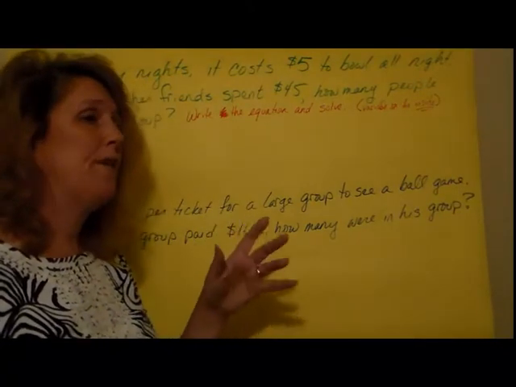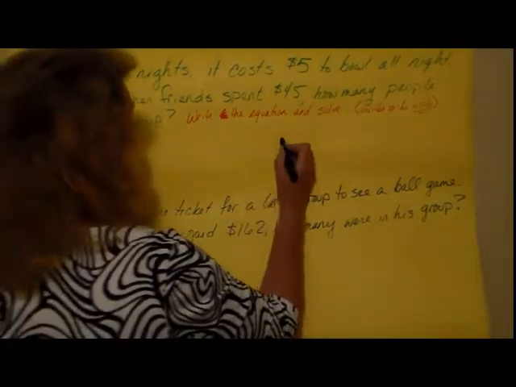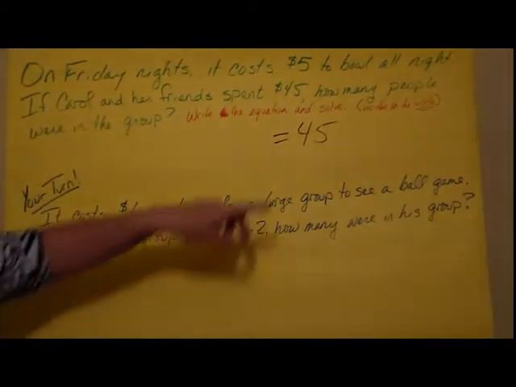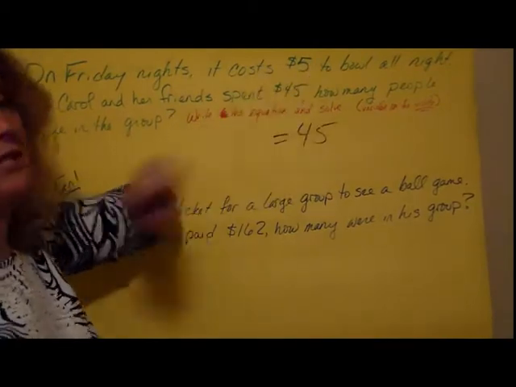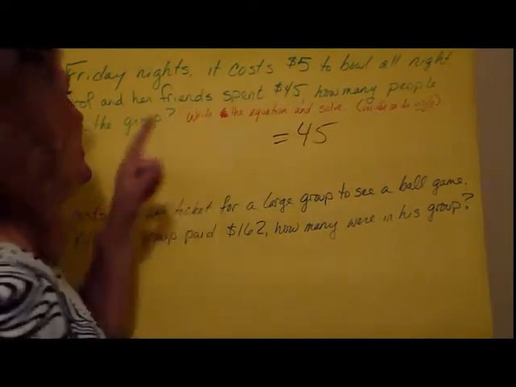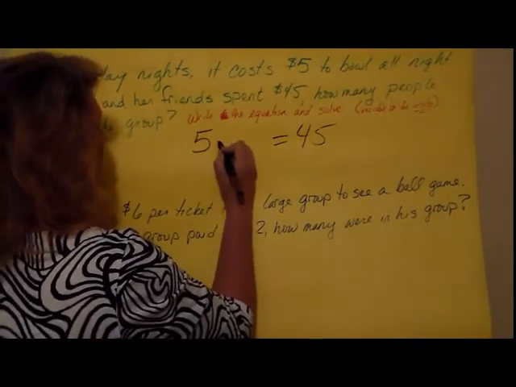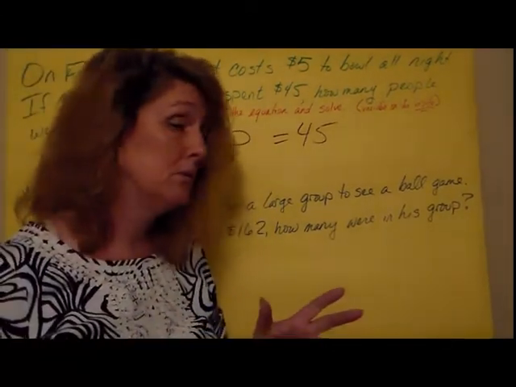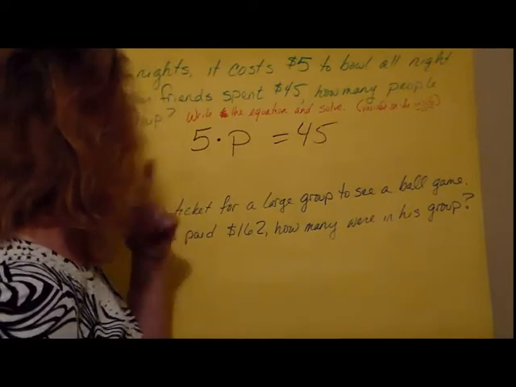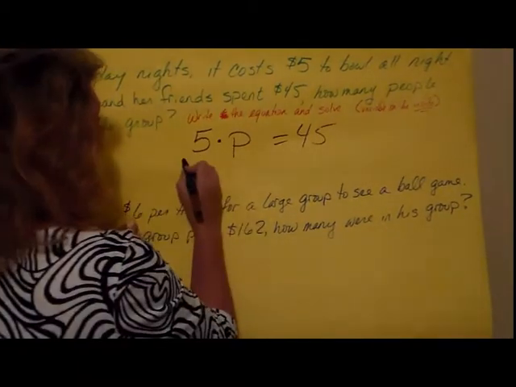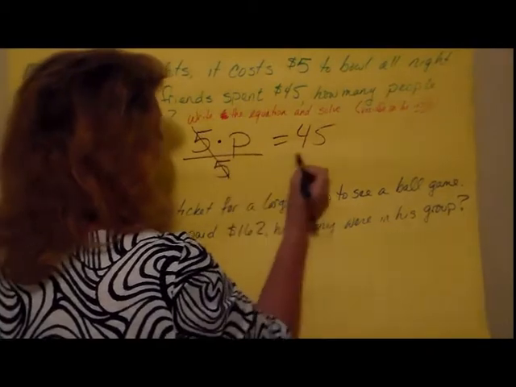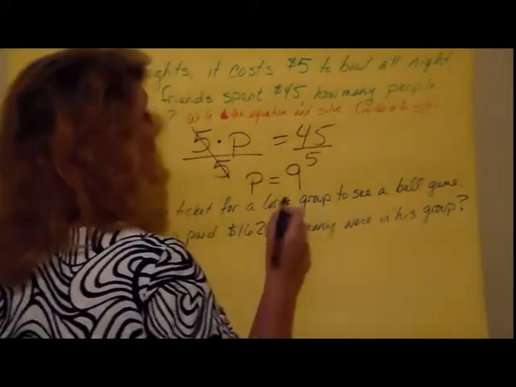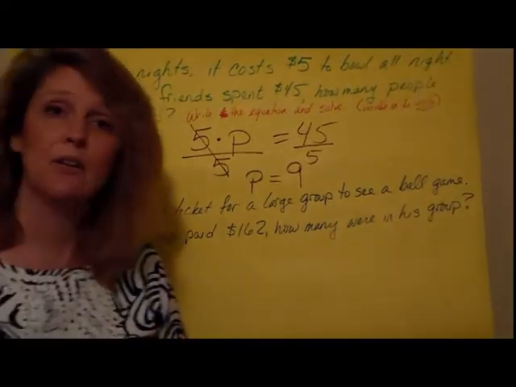So, 45 is the total she spent, so it's going to say equals 45. It costs $5 per person, so that's $5 times however many people are in Carol's group. I have a 5 multiplied by my p. How do I get rid of that? I divide it by 5. And I divide this by 5, and I know that p equals 9. There were 9 people in Carol's group.